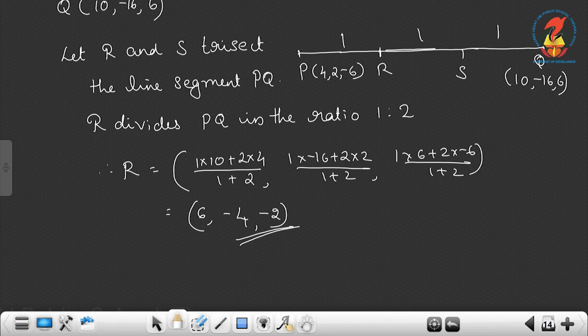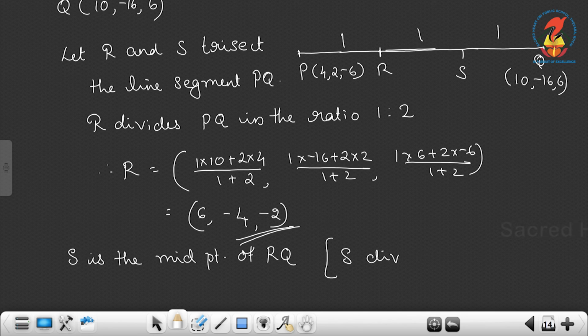Okay. Or you can use section formula. S divides PQ in the ratio 2:1. That method also possible.